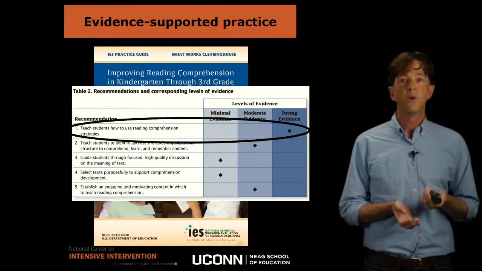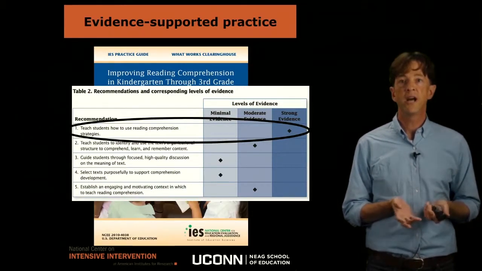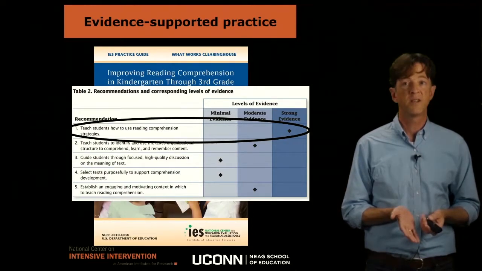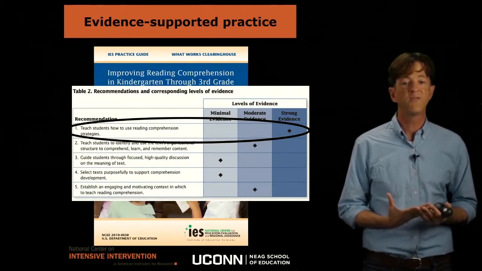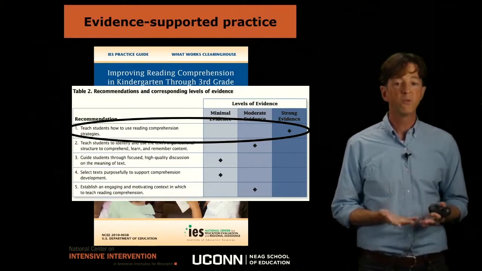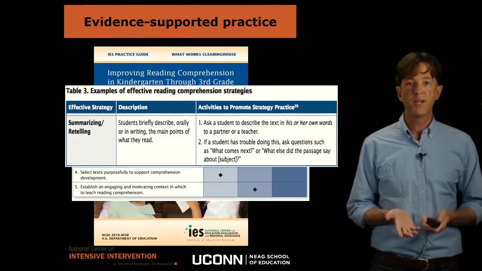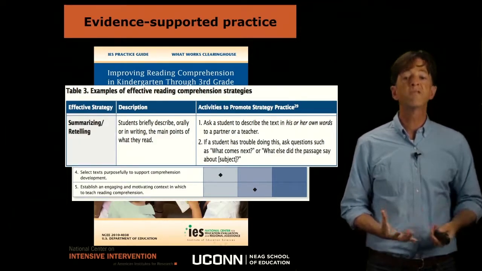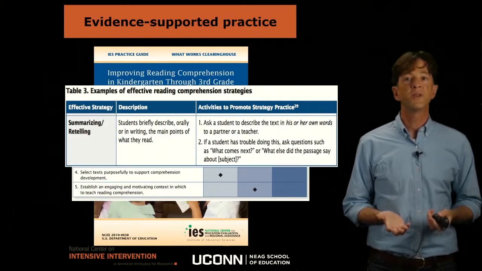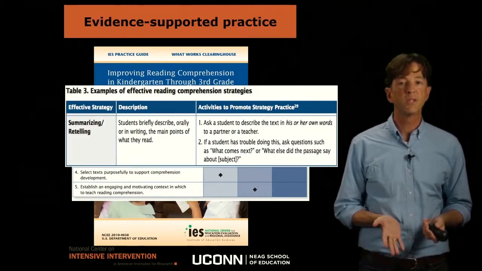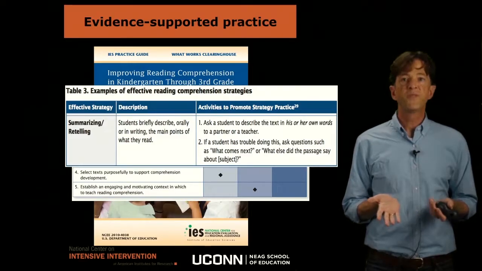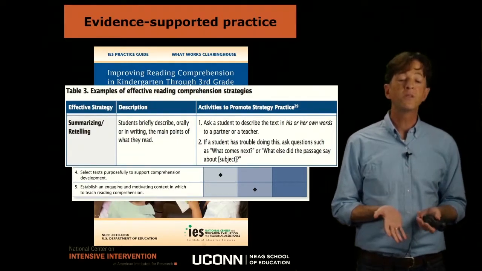For example, one of their recommendations is to teach students how to use reading comprehension strategies, and this has strong evidence of effectiveness. So we know this is an effective approach to improving comprehension. But in the practice guide, they don't say here's the program you should use. They give general guidelines, right? If the comprehension strategy was summarizing or retelling, the description is that students briefly describe orally or in writing the main points of what they read.